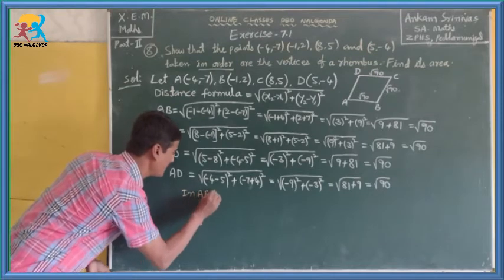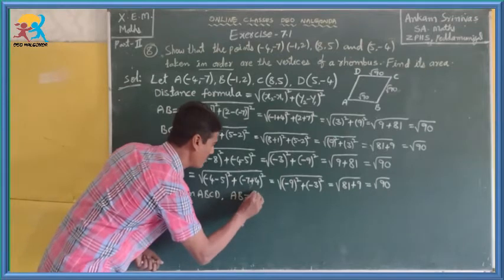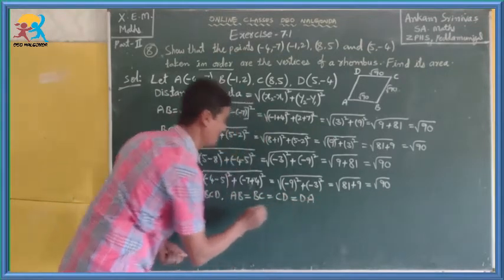In ABCD, AB equal to BC equal to CD equal to DA.